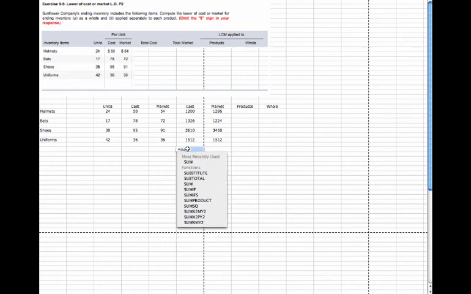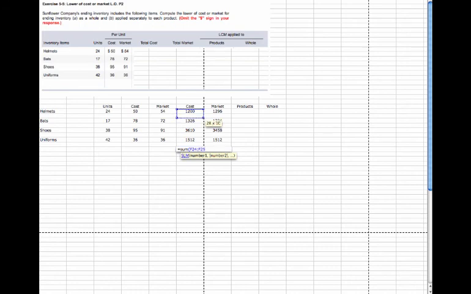I could add up my $1,200 plus my $1,326 plus my $3,610 plus my $1,512 to give me my total inventory at cost of $7,648. I can do the exact same thing for the market, and the market value is $7,490.